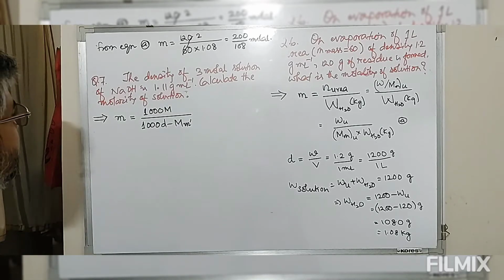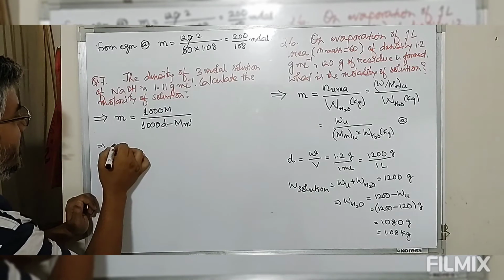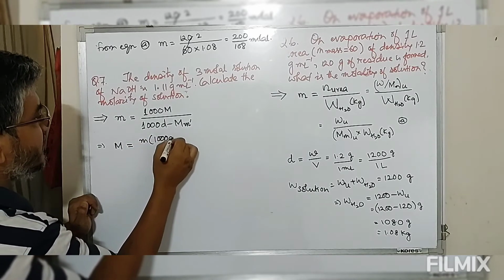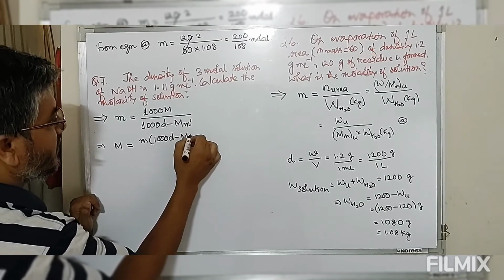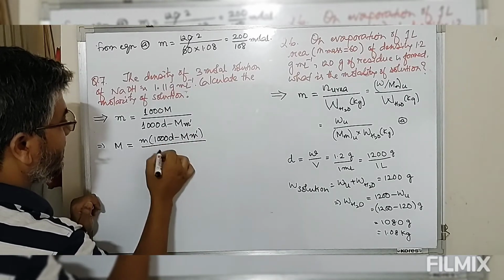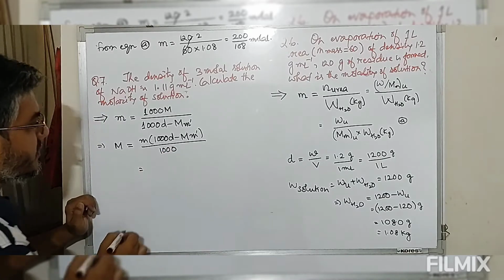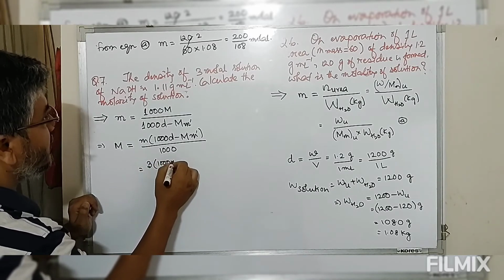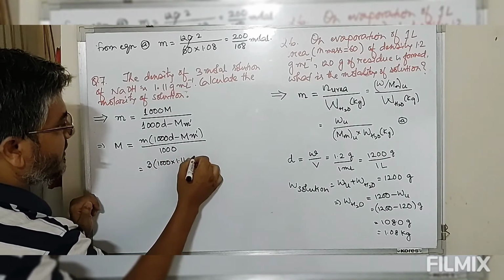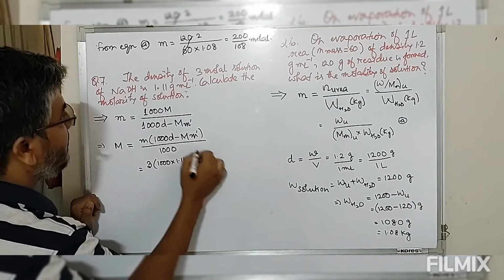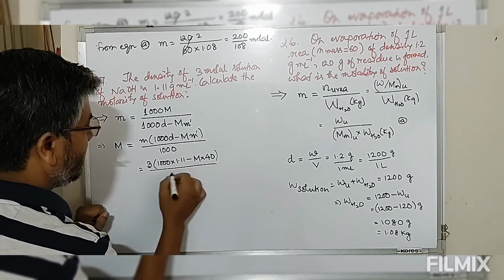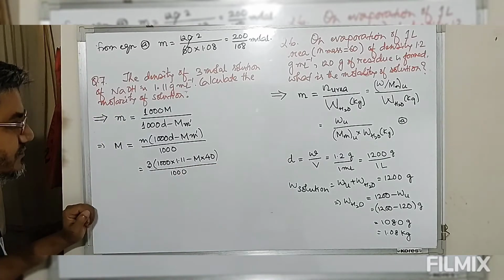So now if you look at this, molarity is equal to m into 1000 times density minus m into molar mass divided by 1000. So now look at this, molarity is 3, equals m into 1000 into 1.11 minus m into molar mass, which is 40, divided by 1000.